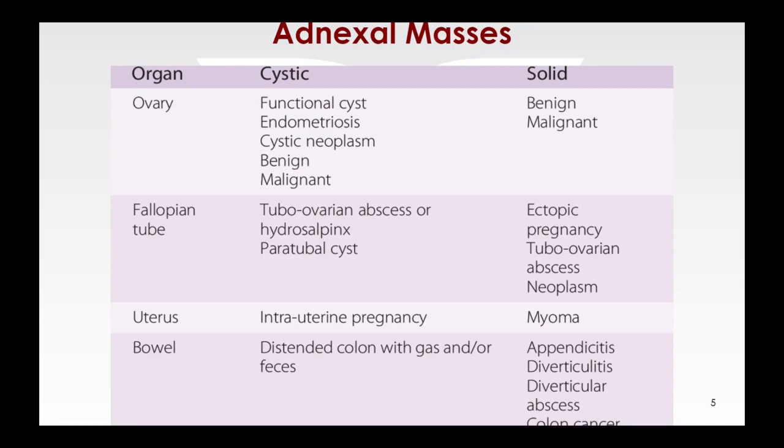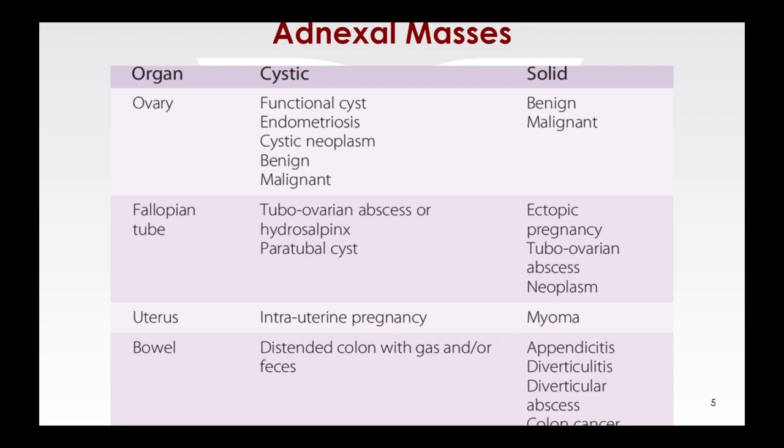In the fallopian tube, there are a couple of cystic and solid structures there. Always your biggest concerns are ectopic pregnancy and a tubo-ovarian abscess, which we'll talk about as well.